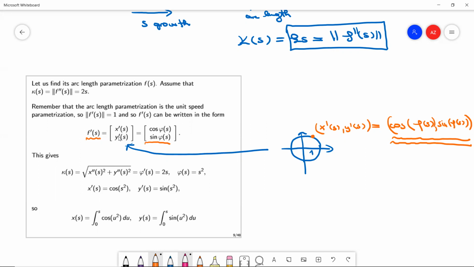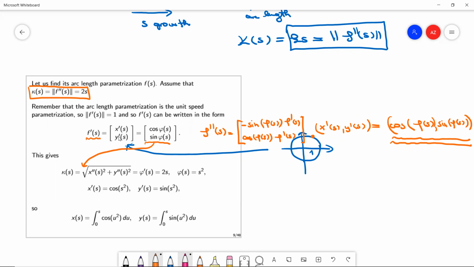And now we can plug this into our condition on the curvature here. So curvature is the length of the second derivative of s. Now we know the form of the first derivative of f. So what's the second derivative then? It's minus sine phi of s times phi prime of s, and the same for the second coordinate, cosine phi of s times phi prime of s.